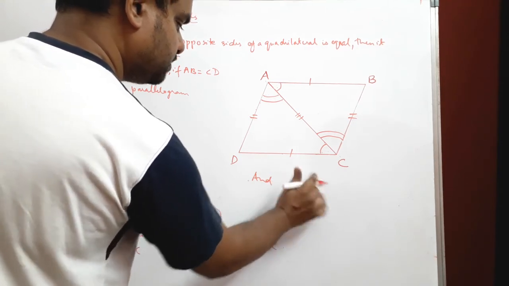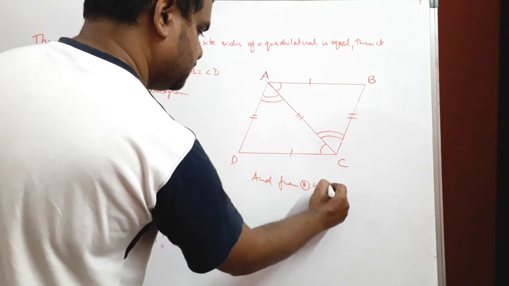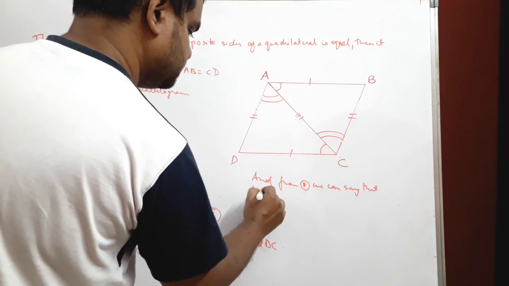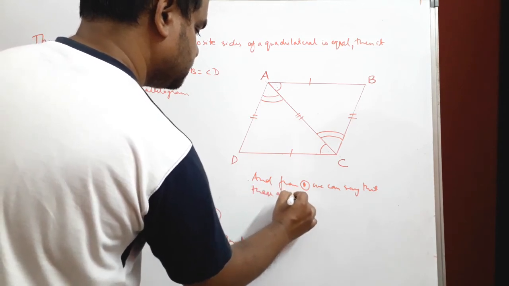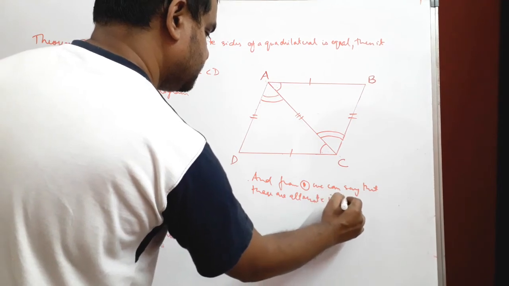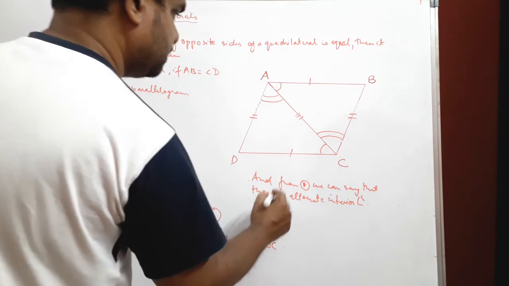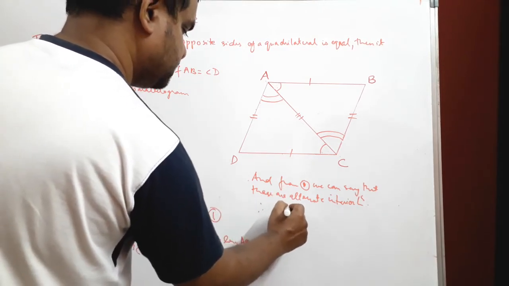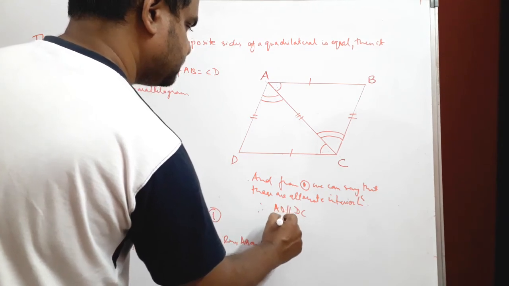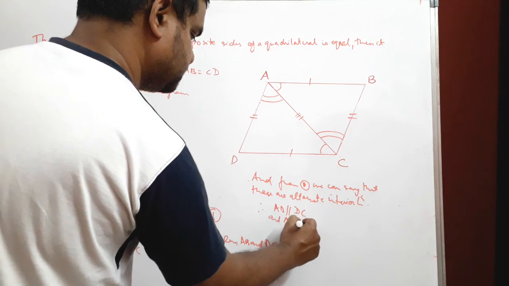From 1 we can say that these are alternate interior angles. Therefore, AB is parallel to DC and AD is parallel to BC.